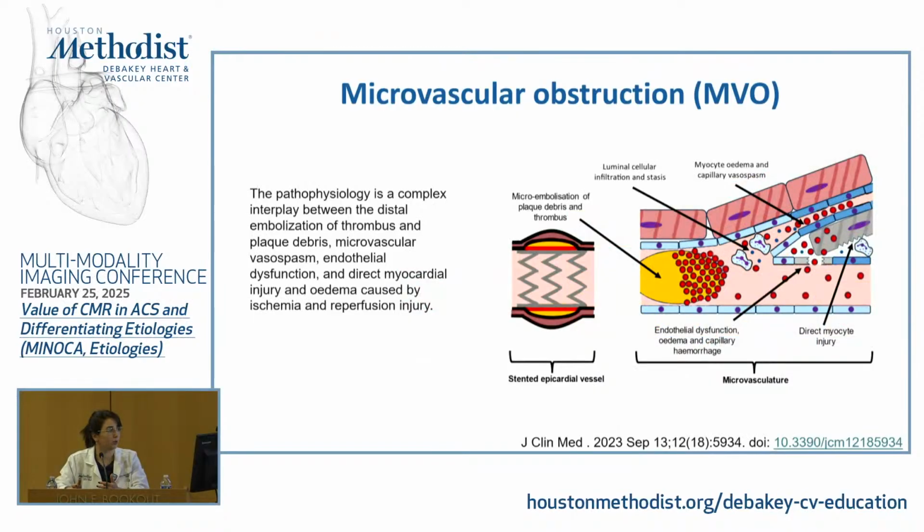One is embolization of the plaque, then all the macrophages and neutrophils come in, then the endothelium gets more damage. Now the extracellular fluid increases. There is extracellular edema, compression on the vessels, and myocytes inflamed. So because of internal and external factors, inflammation and edema, perfusion at the capillary level is compromised. Although we open the big epicardial vessels, on the capillary level there is still obstruction, and this is what microvascular obstruction is.